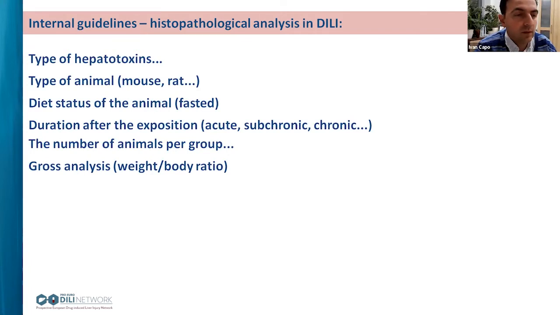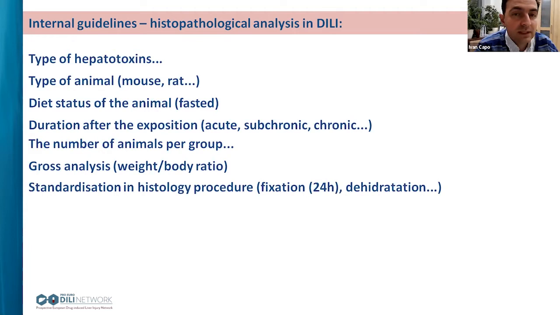exam or laboratory procedure. Also, the standardization of the histology procedure is very important, because fixation of the liver longer than 24 hours can be, I can say, harmful for the hepatocytes, because the period of about 2 or 3 days is the limit before we start with the unbending of the slides.